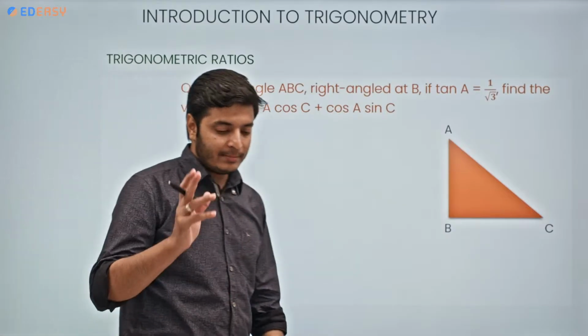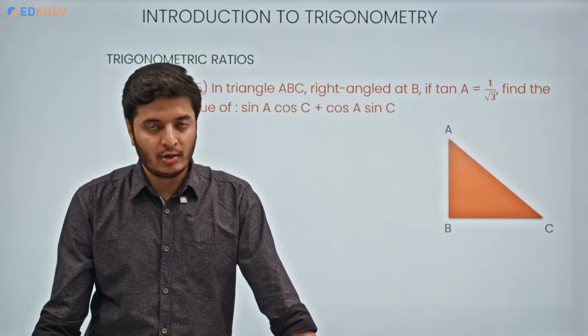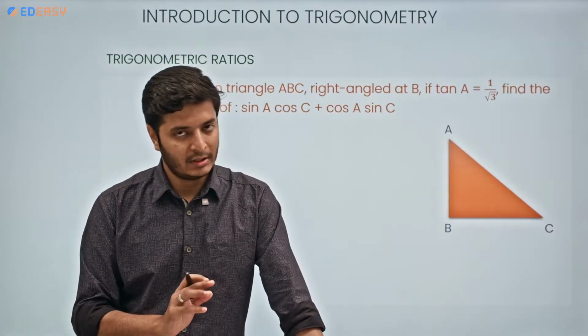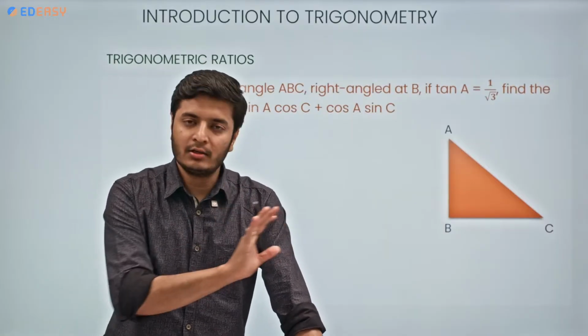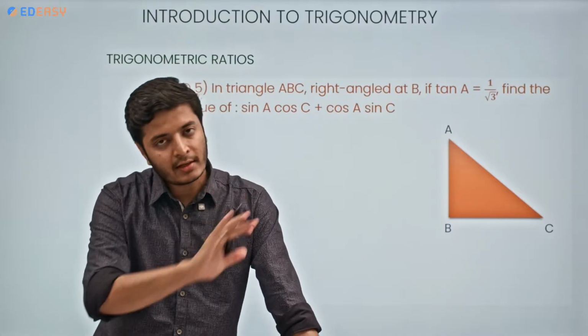Okay, now this time we are dealing with a different type of problem. Till now we are dealing with those trigonometric ratios where we are only referring to one angle, correct? If we are talking about angle A, so angle A only. Talking about angle C, so angle C only.